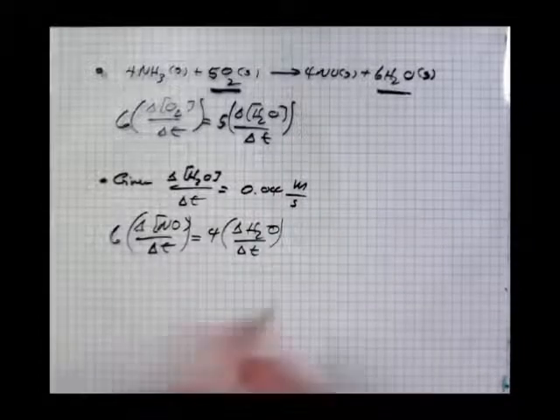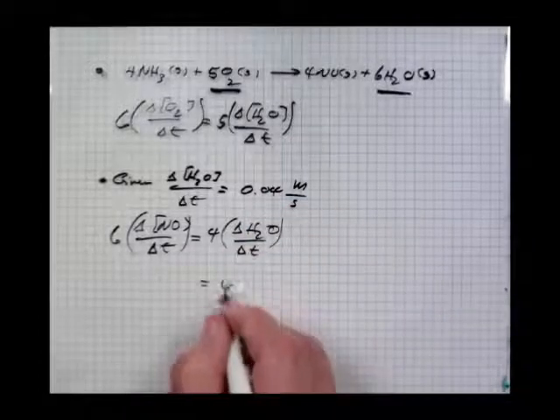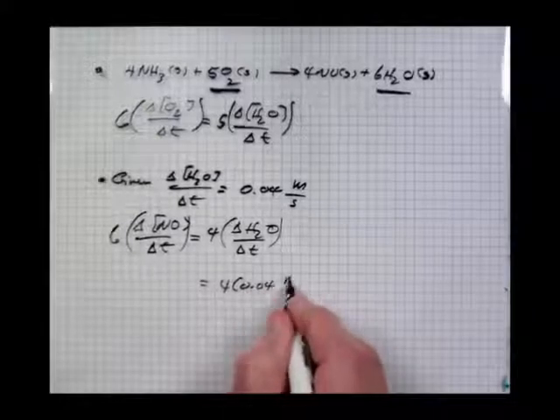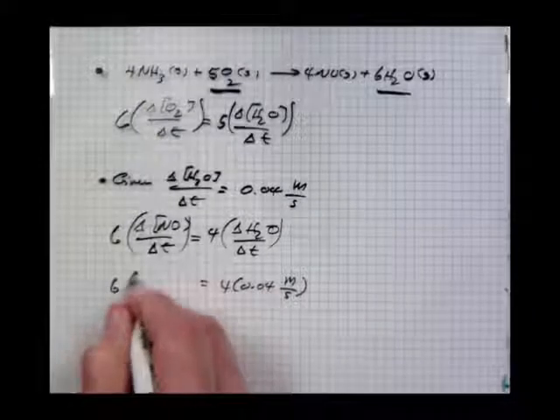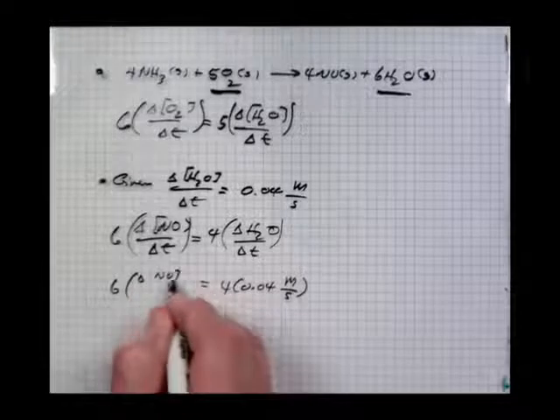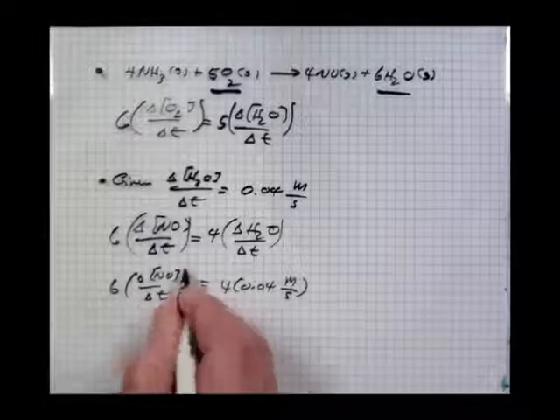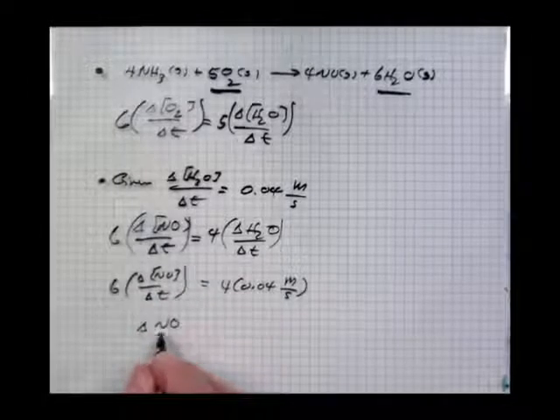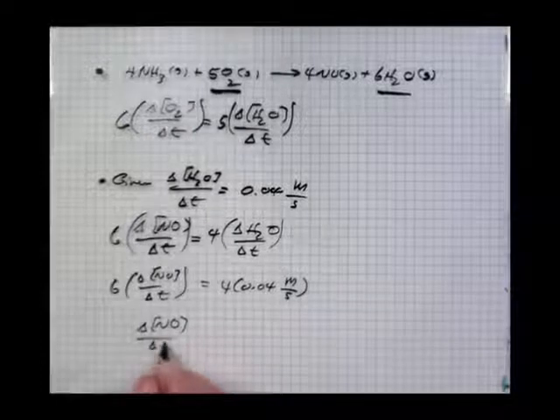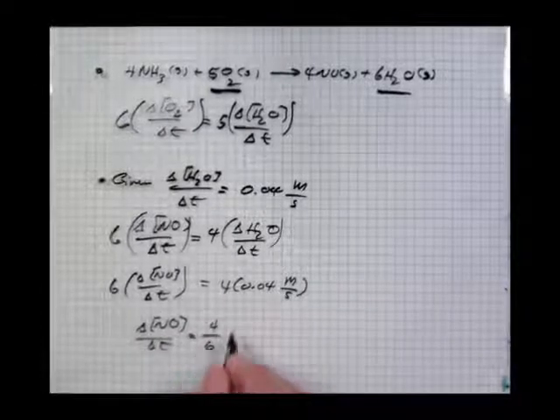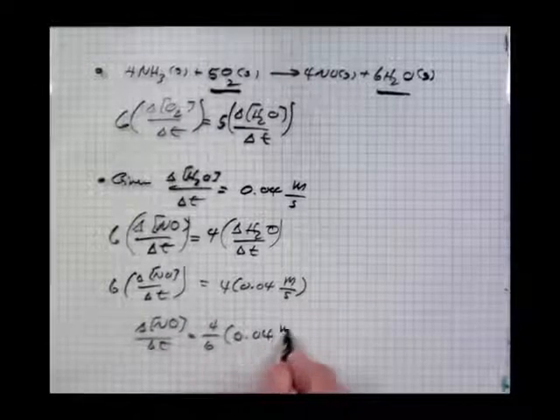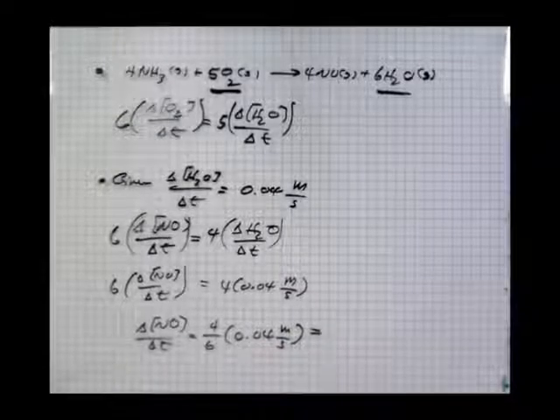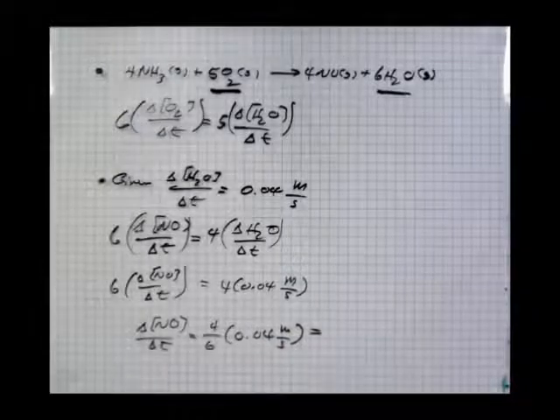And then they give you the water, so it's 4 times 0.04 molar per second, and so you have a little equation here that's in one unknown, and it's a matter of solving for that one unknown. And so you see how it works now? Yeah. Okay, great. Anybody else?